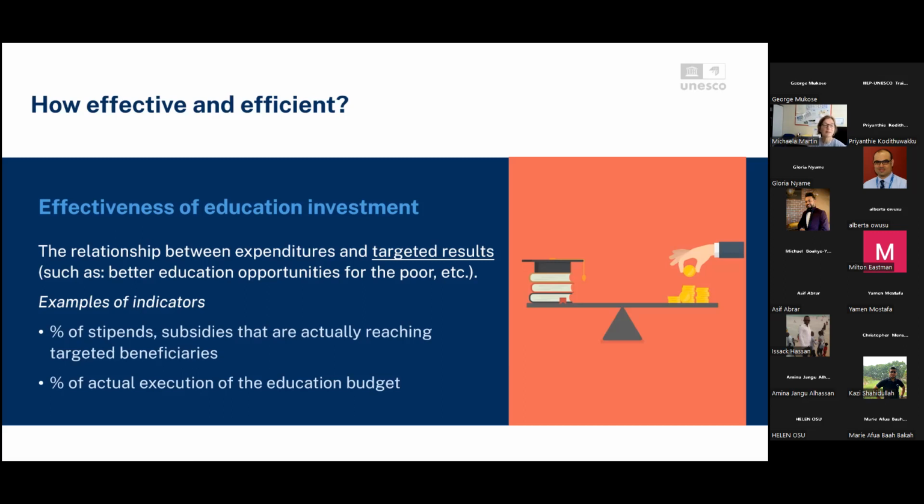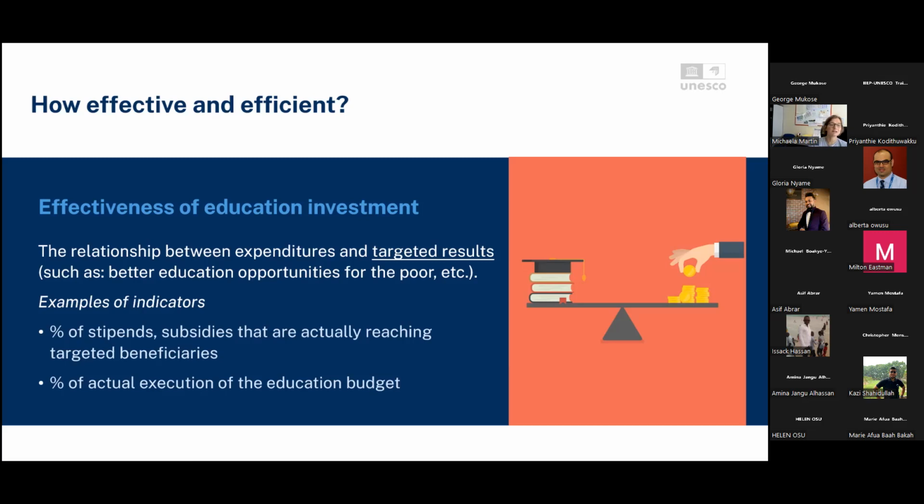An example where we could also approach this analysis of effectiveness is the percentage of stipends and subsidies that are actually reaching targeted beneficiaries, and the percentage of actual execution of the education budget.